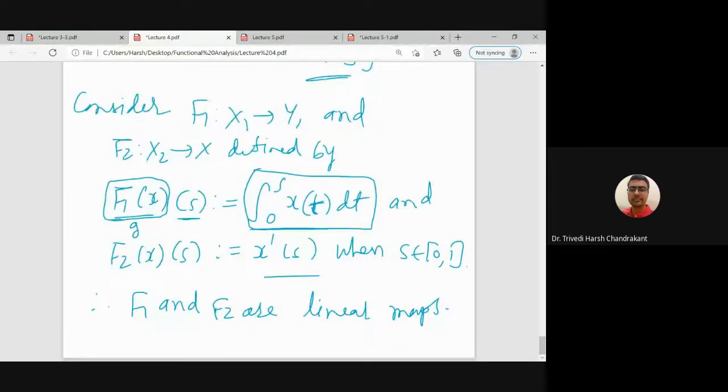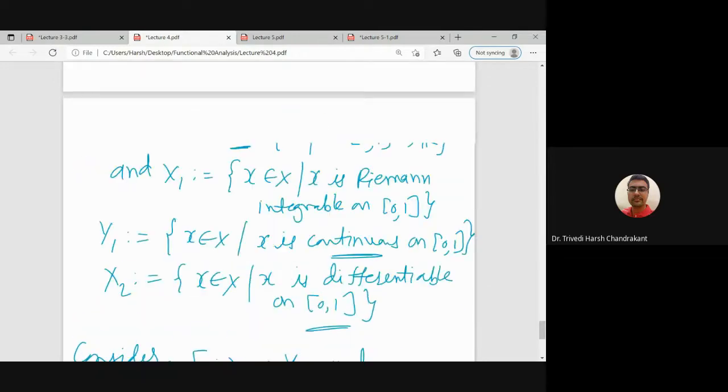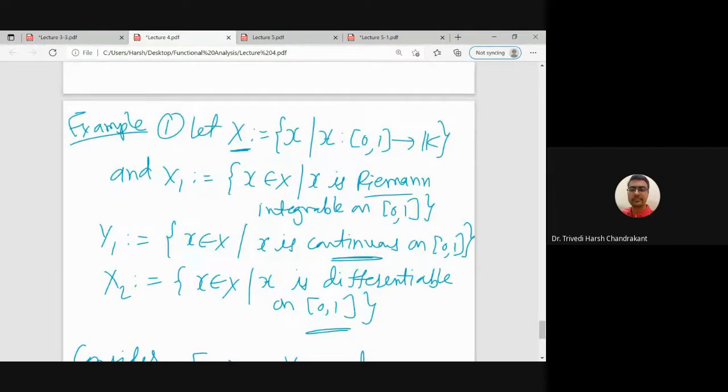If you remember the first fundamental theorem of calculus, it says that if you define the function in this form, then such a function is in fact uniformly continuous, if x of t is Riemann integrable.